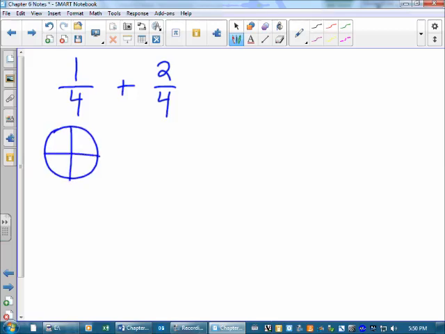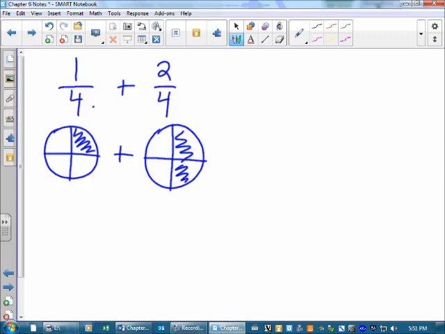So it's 1/4, so we know the 4 tells us how many total pieces there are. So there's 4, and we have 1. So there's 1/4. And then we're going to add 2/4. So we'll use the same circle. Again, the 4 tells us how many parts total it's out of. So now we have 2 of them.